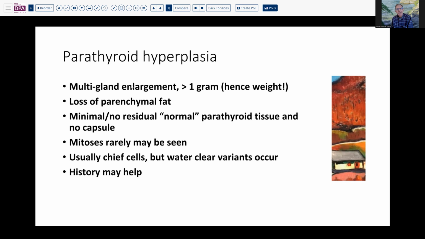But generally, the surgeons will want to remove 3 to 3.5 glands in order to verify this diagnosis. And each one should be weighed and included in the total weight that you're evaluating, and frozen section performed to verify the hypercellularity that you've got.